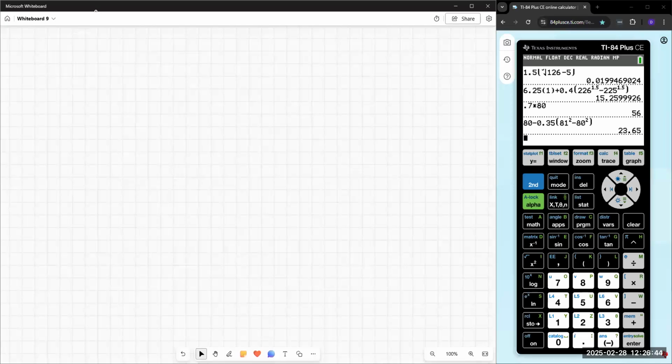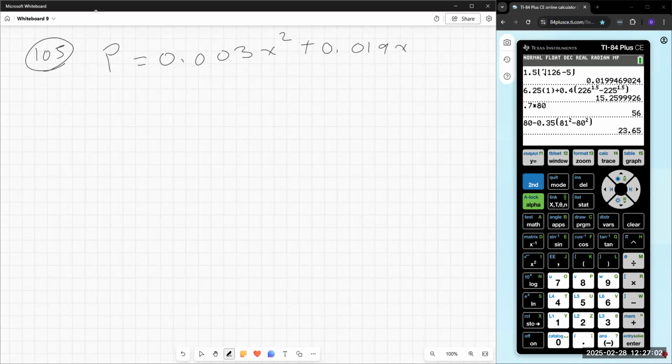Number 105 is, capital P profit is 0.003 x squared plus 0.019x minus 1200. X will be 750 and delta x will be 1.